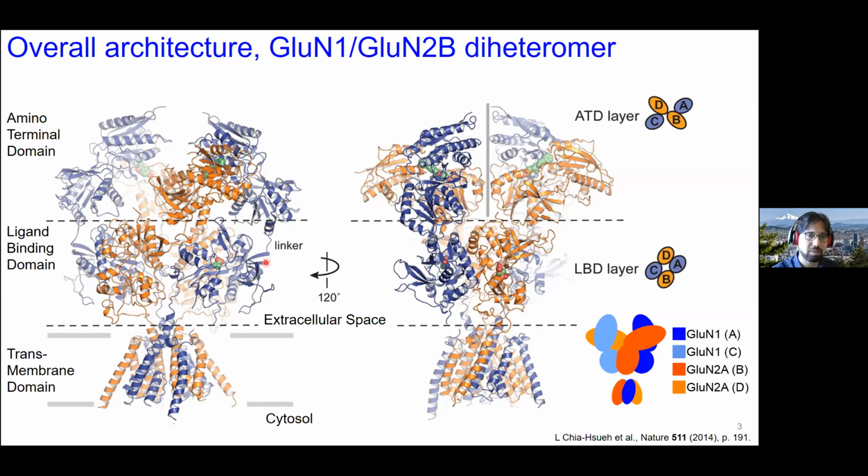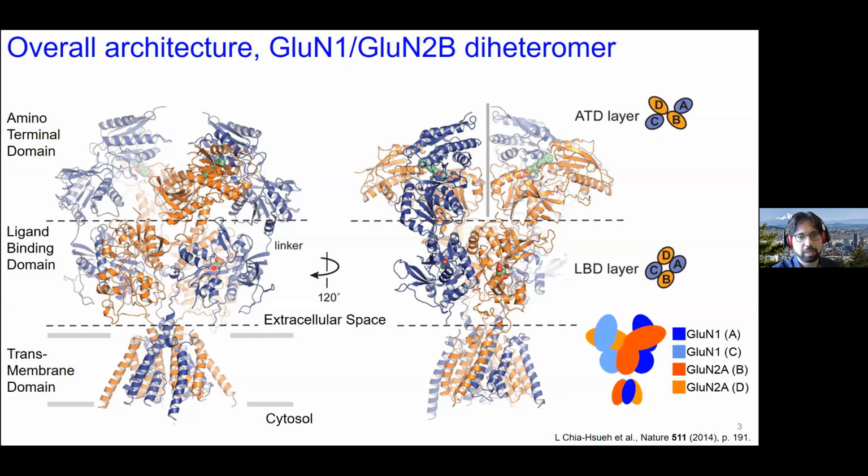The extracellular domain of the receptor has 2 subdomains. First, the amino-terminal domain, and these are more distal from the membrane, so they're farther away from the membrane. This is where a lot of allosteric modulators bind and really help guide the function of the receptor. This is very opposite of AMPA receptors, where the amino-terminal domains are still somewhat of a mystery because they don't really seem to modulate the function of the receptor.